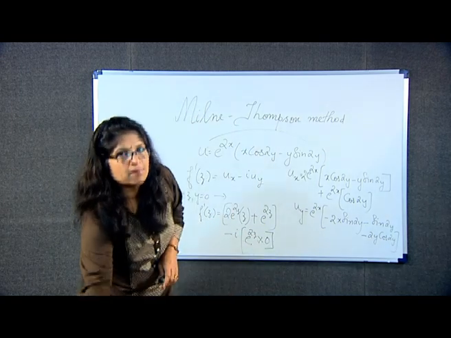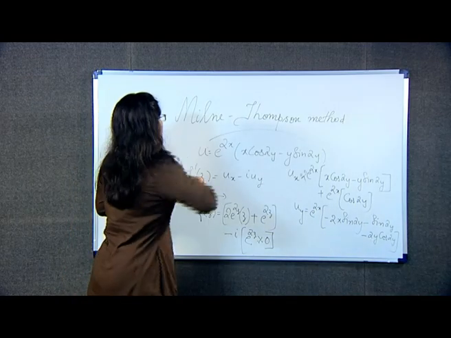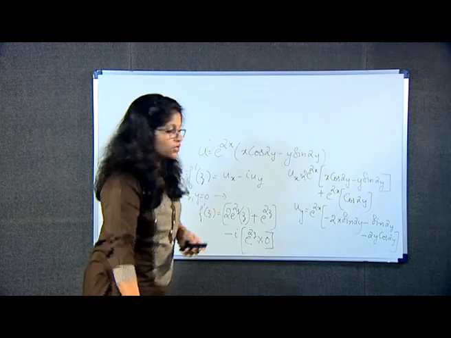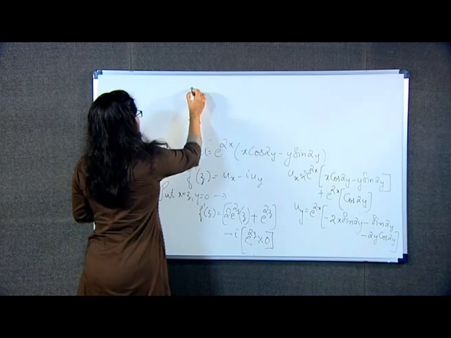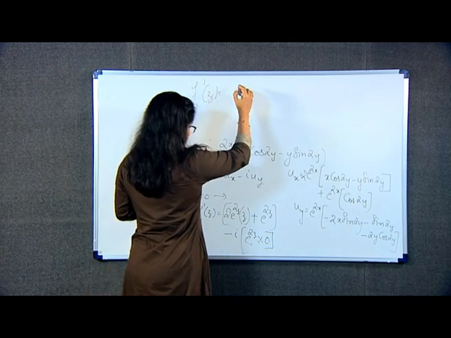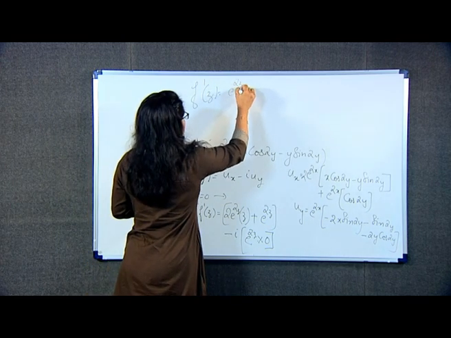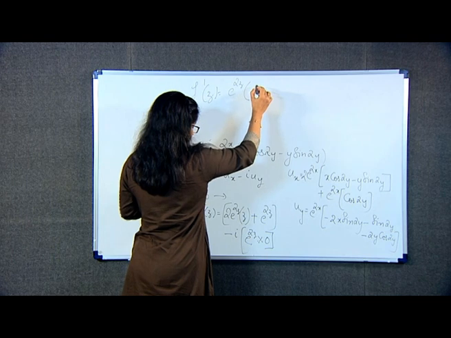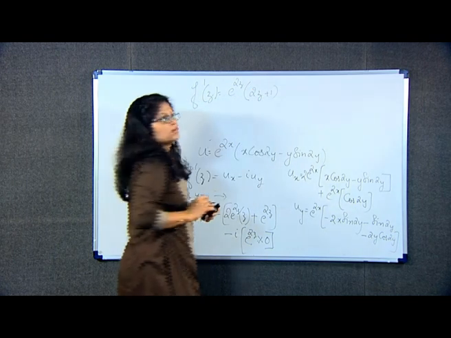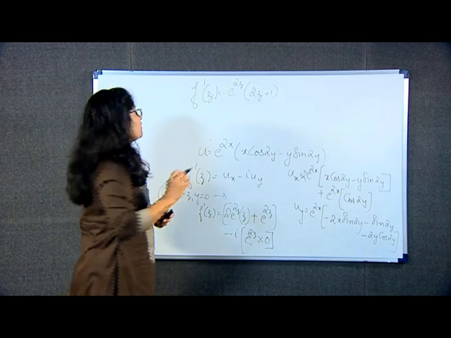So, now my function f dash z reduces to e raised to 2z into (2z plus 1). Now, how do I find my function back?